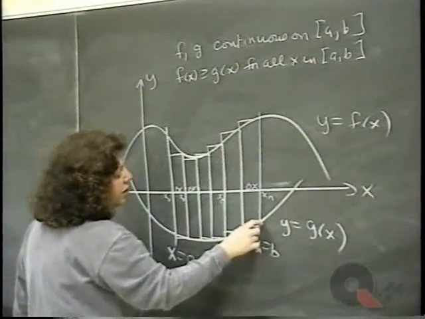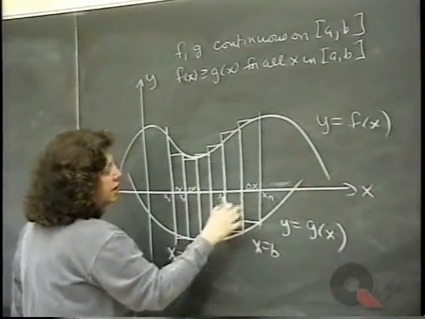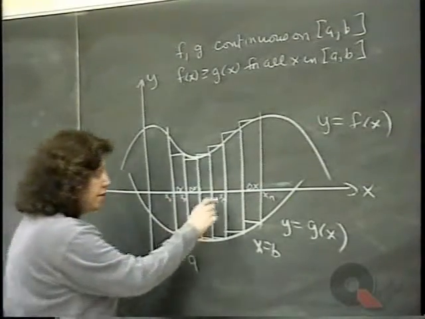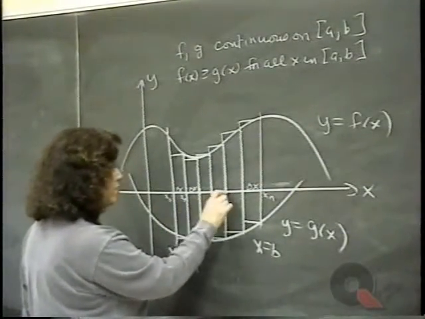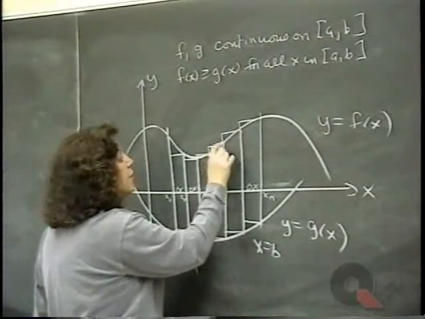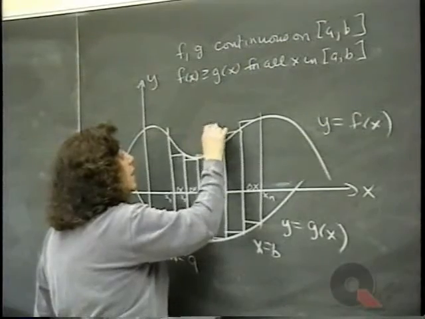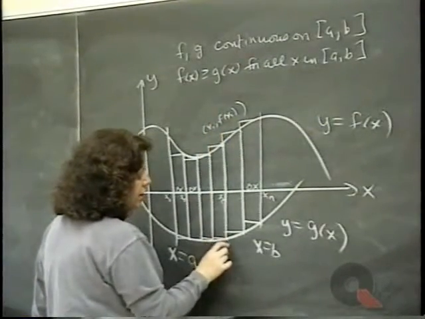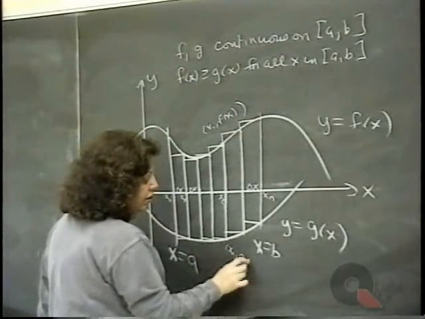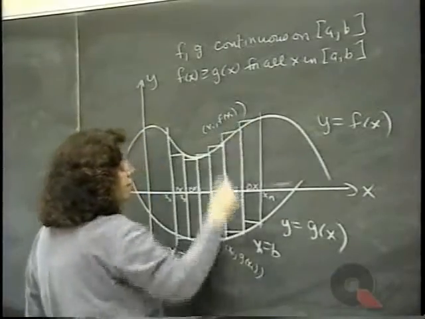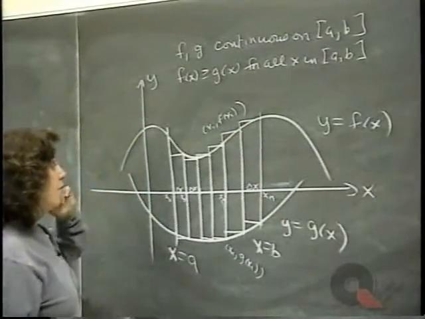These are supposed to be, in this case, all delta x apart. On the ith subdivision here, we go up until we hit this point. This is the point x sub i comma f of x sub i, and this is the point x sub i comma g of x sub i. It's on the f curve, so its y value is f of its x value.